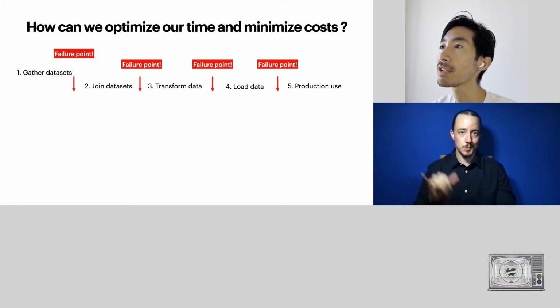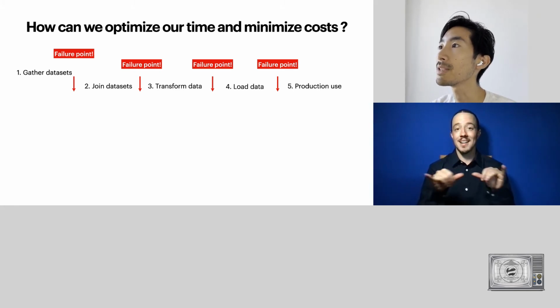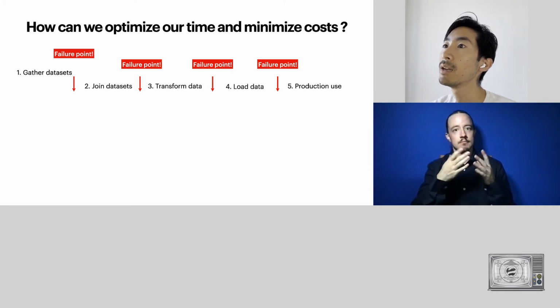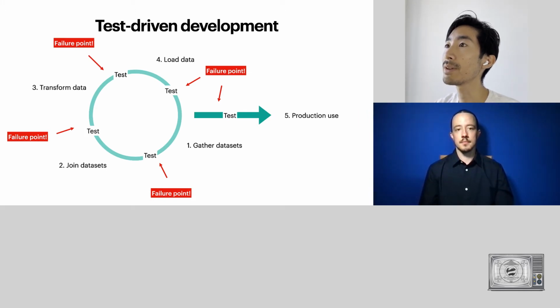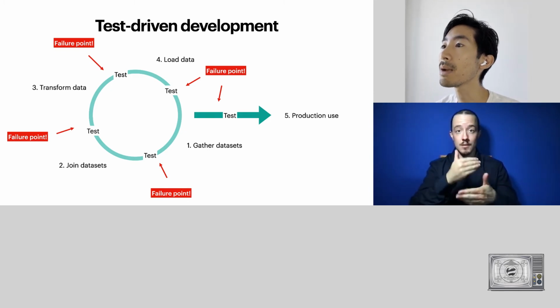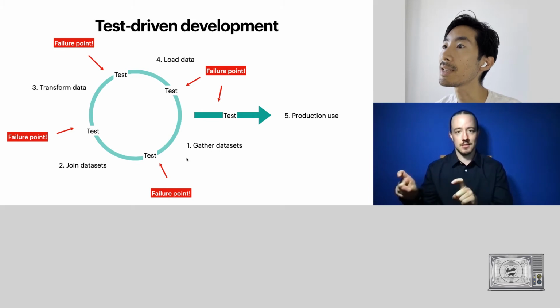So the question that we're really trying to ask is, how do we optimize our time as engineers and minimize the cost for both the company and consumers of that data? So we think about our ETL pipeline with multiple failure points. What we can do is sort of change this. So we still have all of our steps, but we can add in testing, right?